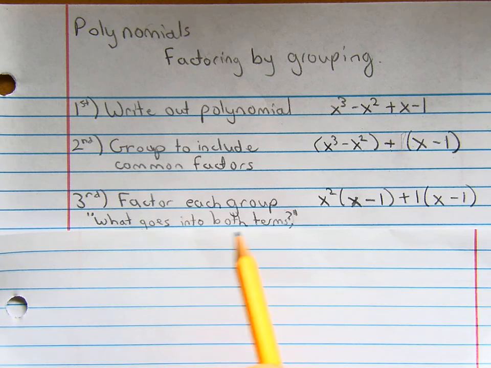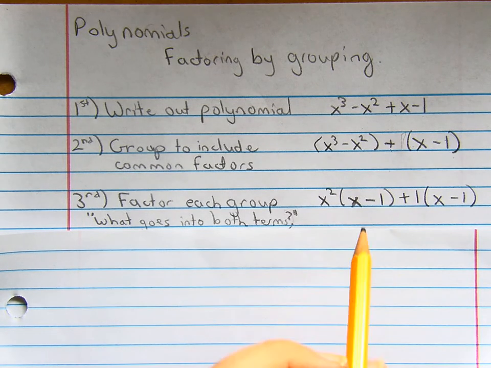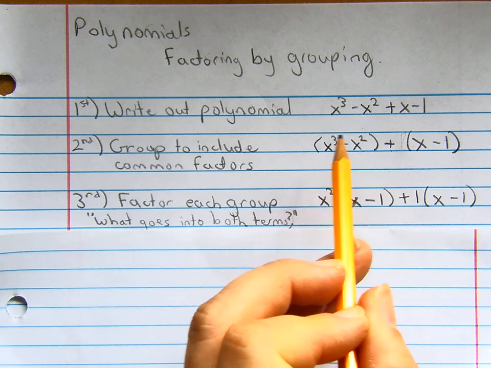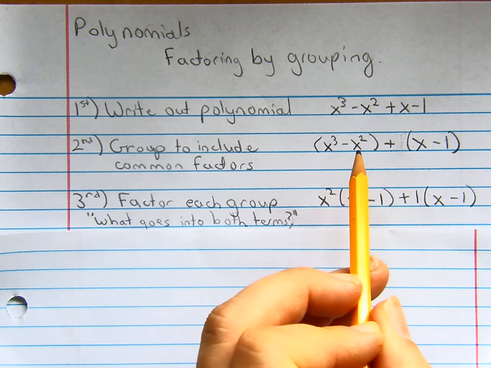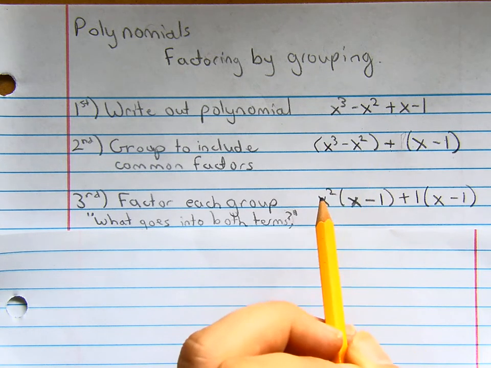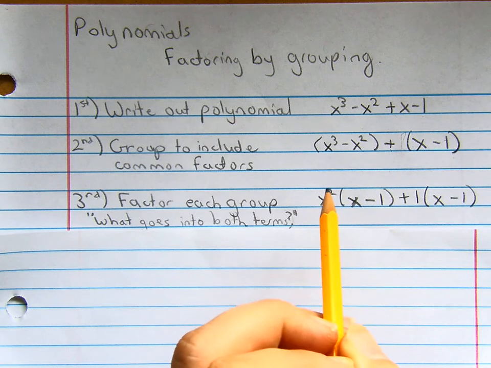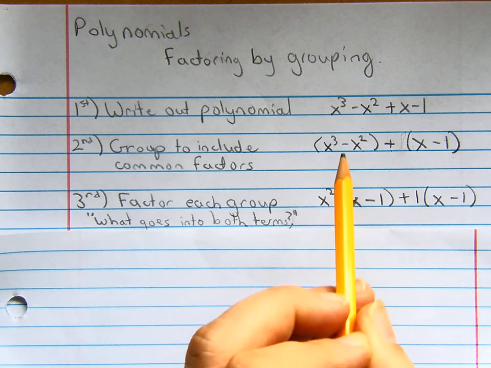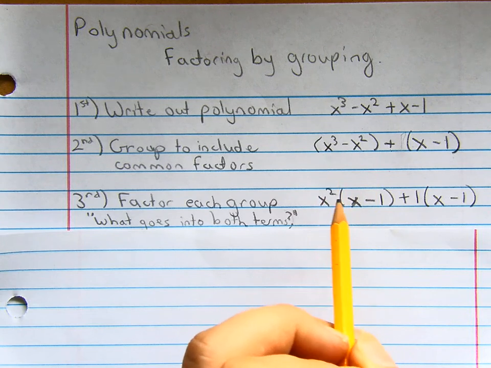So when you factor each group, you want to ask what goes into both terms. So basically you're dividing, and you're asking what can go into 3x and 2x. Well, 2x, or the smallest exponent, can go into both of these. So you're going to divide it by 2x.